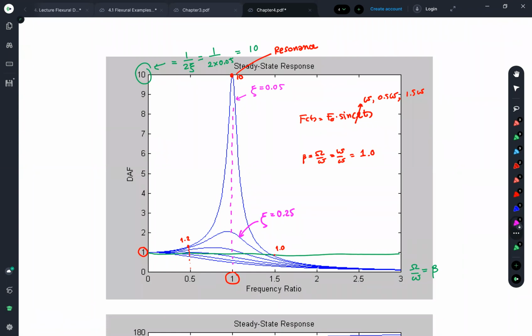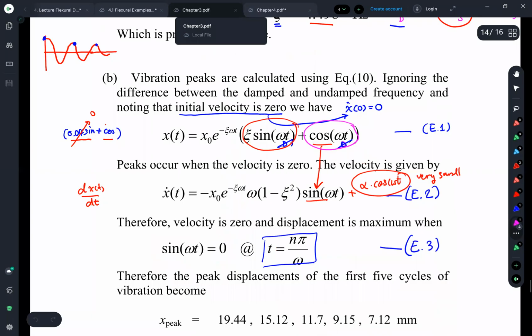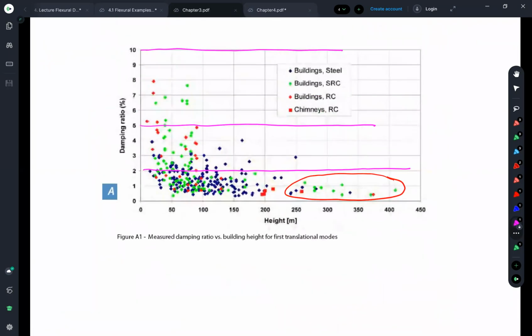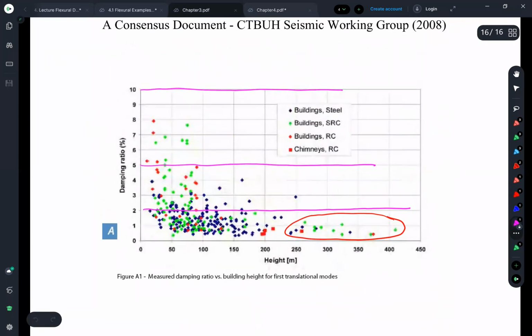But believe me, a damping ratio of 5% is quite high already. Remember this one, right? Many buildings in this world, this is European country data, 5% is here. It's very high already. If you're talking about a tall building, this is not a tall building, okay?